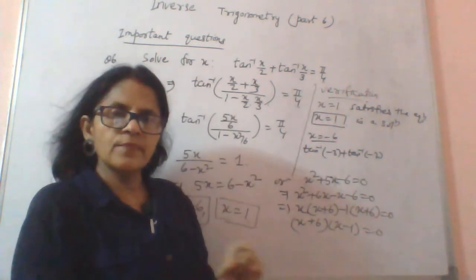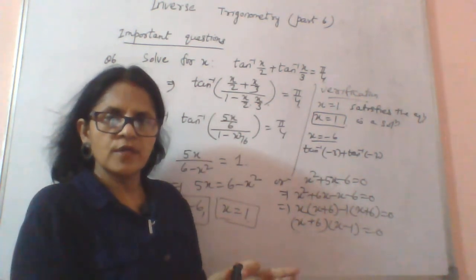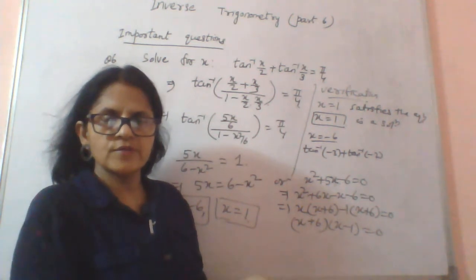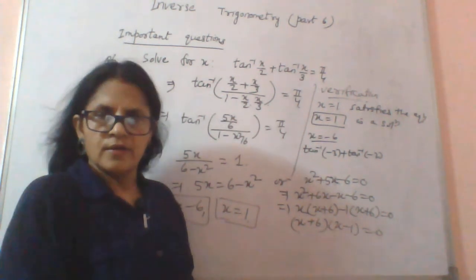If you go back to the condition where we used tan inverse x plus tan inverse y equal to tan inverse of (x plus y) divided by (1 minus xy), the condition was xy less than 1.